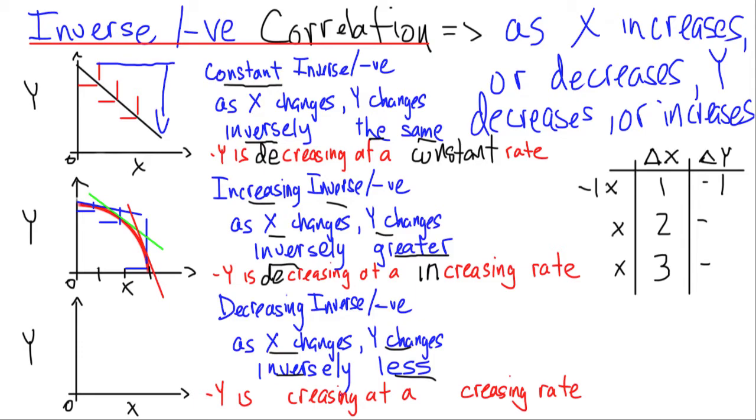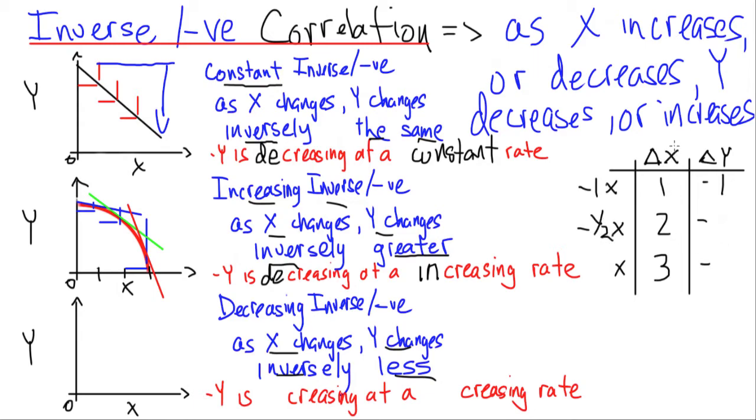Now fill in the rest and show that the proportional change is decreasing. Okay, if the proportional change is decreasing, that means we go from a -1 to a negative, let's say, 1/2.